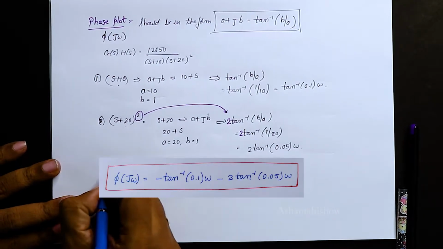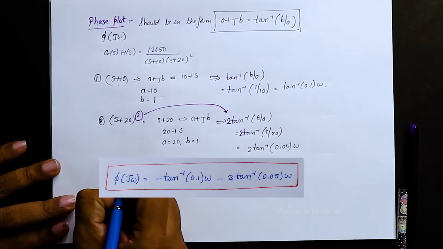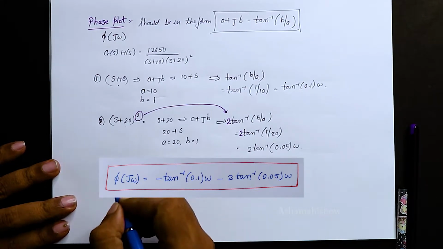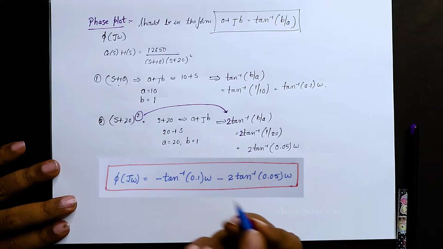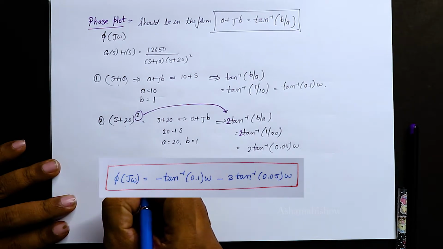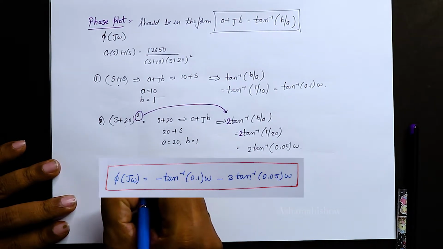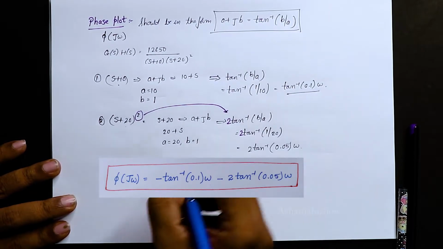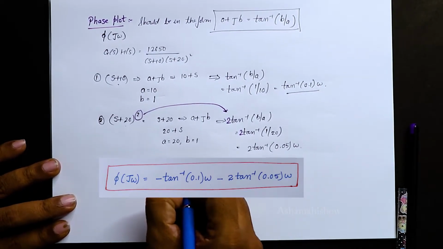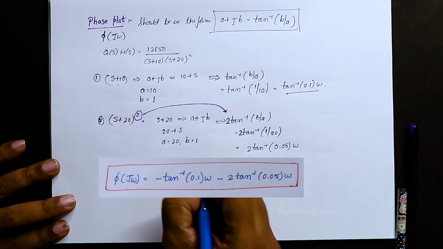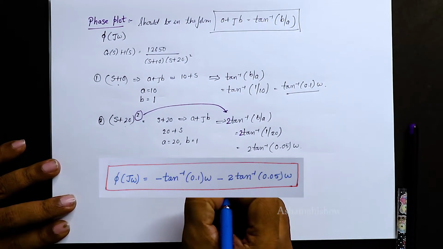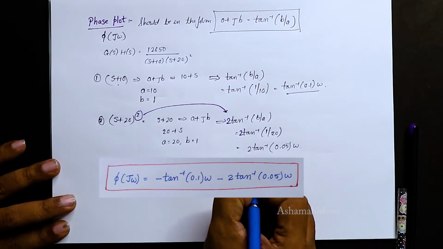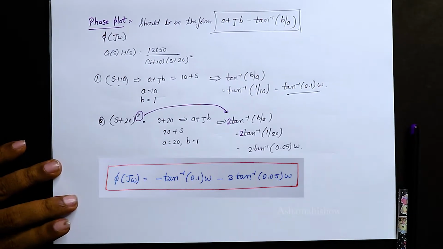From this we need to form a formula. The formula is phi of j omega is equal to, however many terms we have, that many tan inverse terms we get. In the denominator we have 2 terms, so 2 tan inverse. So tan inverse of the first term, 0.1 omega, minus the second term, 2 tan inverse 0.05 omega.